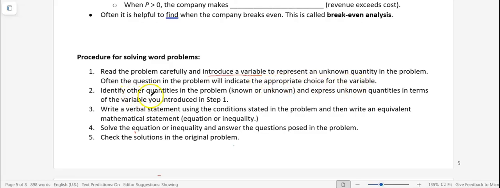Number two, identify other quantities in the problem, known or unknown, and express unknown quantities in terms of the variable you introduced in step one. Number three, write the verbal statement using the conditions stated in the problem, and then write an equivalent mathematical statement, an equation or an inequality. Then solve the equation or inequality and answer the question posed in the problem. And then check the solutions in the original problem.